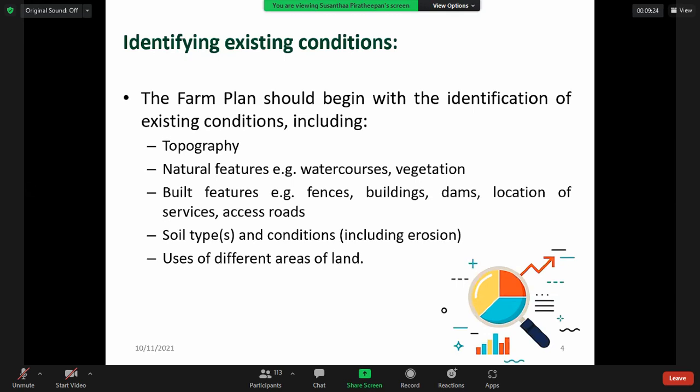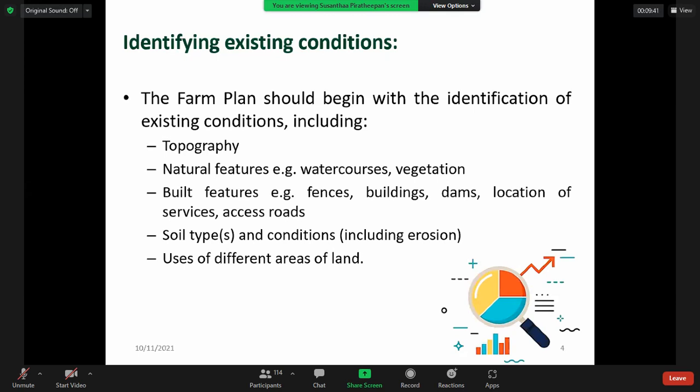We also, before starting the farm, check these conditions, what we have, and how we can plan our farm by using these conditions.